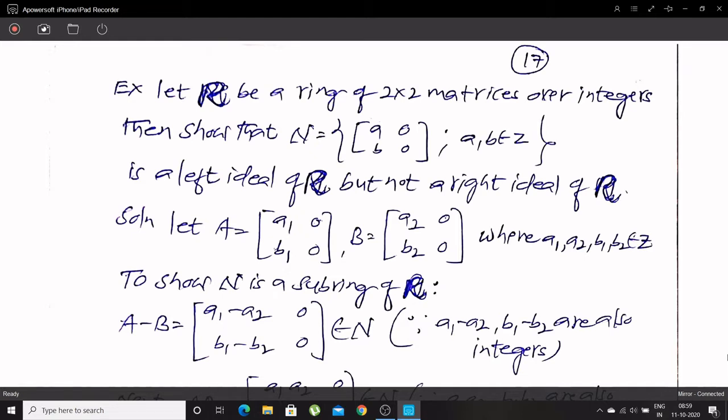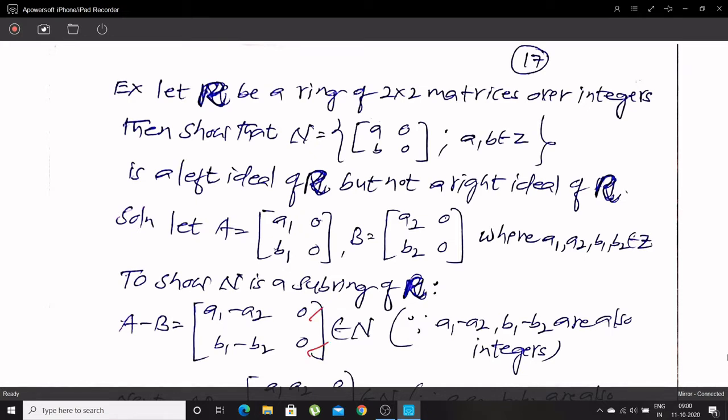That means A minus B. First row, first column element minus first row, first column element of the second matrix. That is A1 minus A2 in the first row, and B1 minus B2 in the second row, first column element. And second column elements are strictly 0.